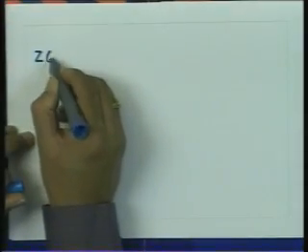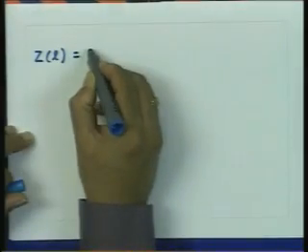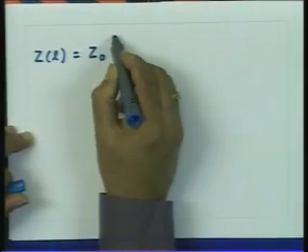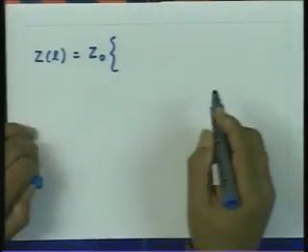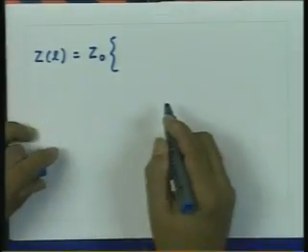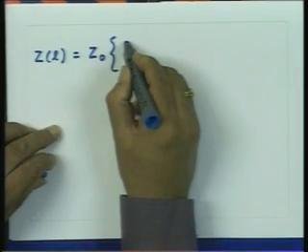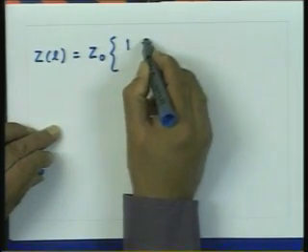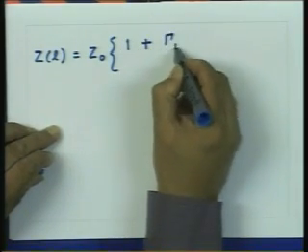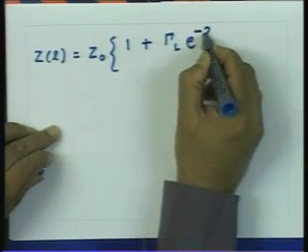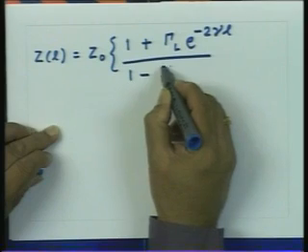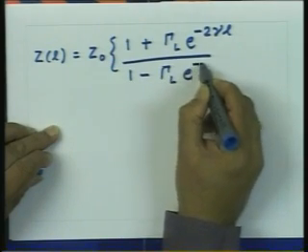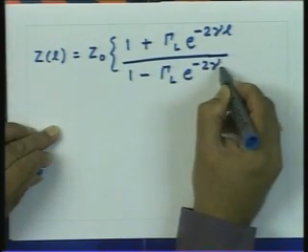So, I can get now the impedance Z at any location L, that is equal to Z naught, gamma L, which is V minus upon V plus e to the power minus 2 gamma L. So, this is nothing but 1 plus gamma L e to the power minus 2 gamma L divided by 1 minus gamma L e to the power minus 2 gamma L.